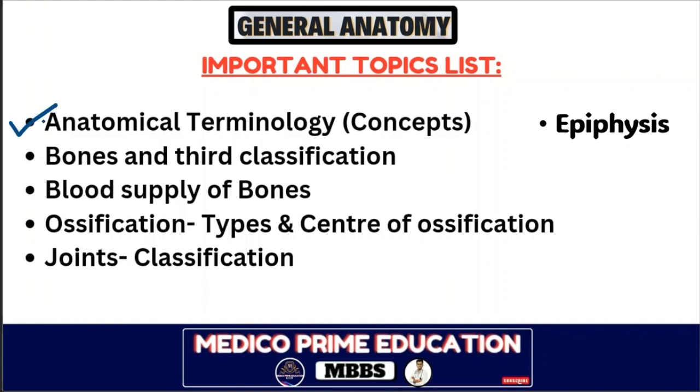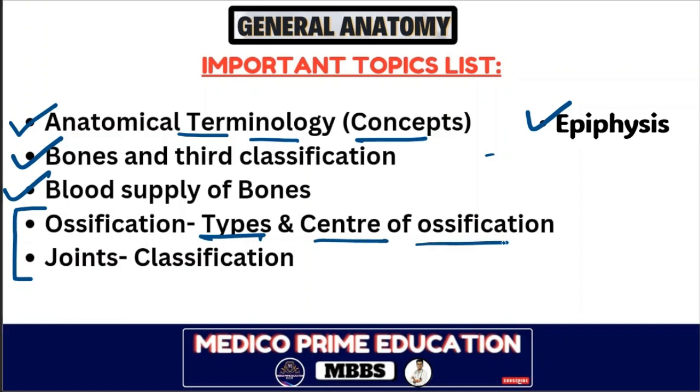In these topics, I have covered the anatomical terminologies, where important viva questions can be asked, and the general concepts of anatomy. Blood supply is done, and epiphysis is done. The next two points are ossification, types of ossification, and centers of ossification. We will discuss all these concepts related to ossification of bone.